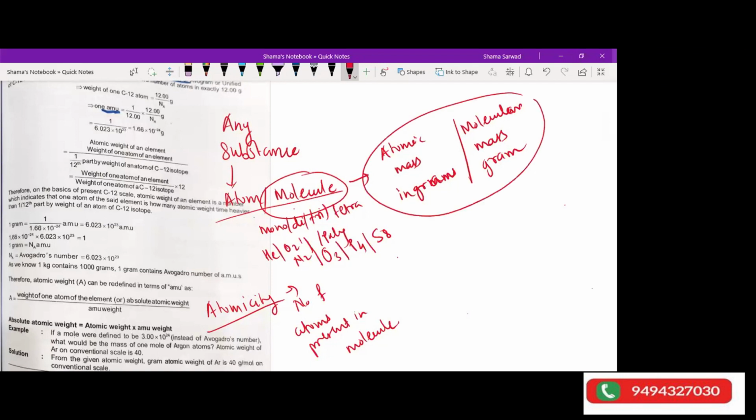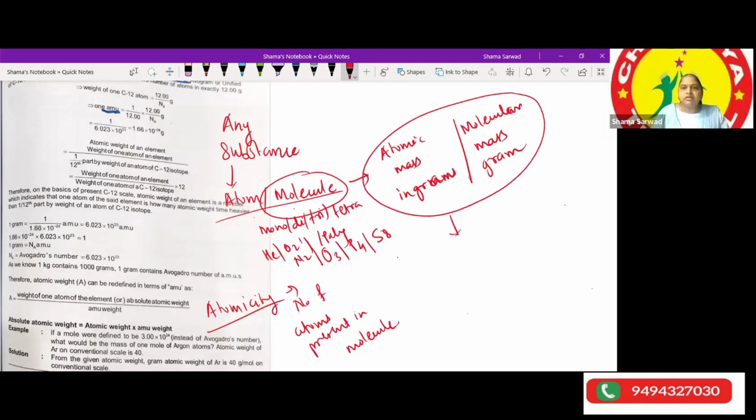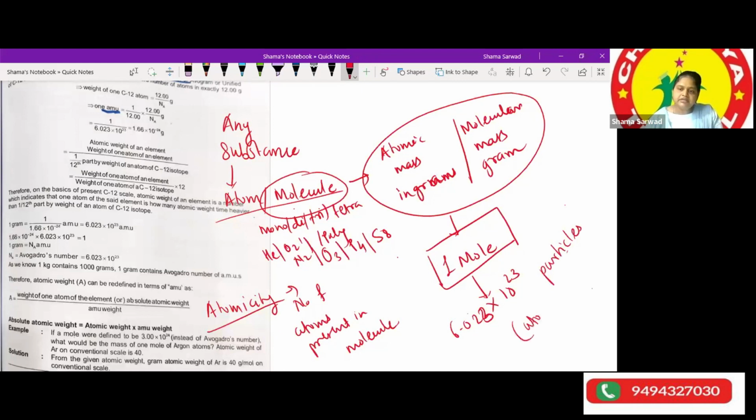This is nothing but 1 mole of that particular substance. And it consists of how many particles? 6.023 into 10 raised to 23 particles. These particles are nothing but atoms, molecules, or ions.